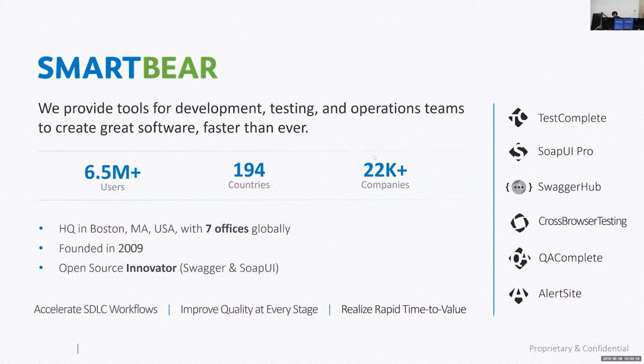We were founded in 2009, so we're coming up on our 10-year anniversary some point next year. We're very dedicated to our open source community. We've donated SoapUI and the Swagger specification to that open source community and still support it in some ways and very much are dedicated to it.